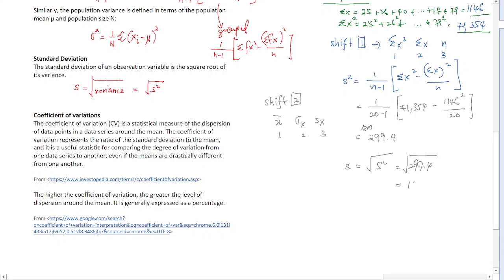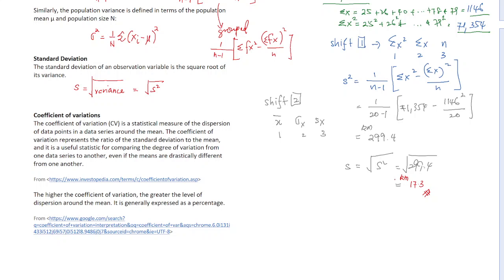Okay, you get the value to be 17.3. Okay, again, RM. Alright, so that is for the ungrouped data.